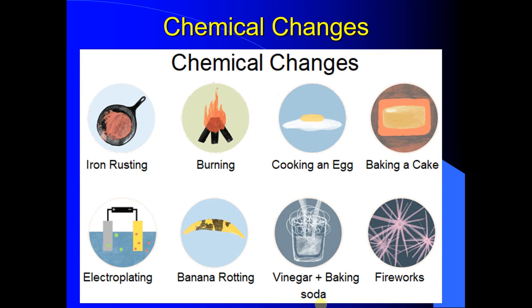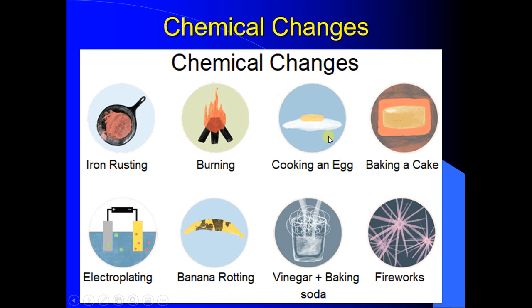So here are yet some other chemical changes, like the rusting of iron. Iron reacting with oxygen to make iron oxide, that's what rust is. Right? The iron is now a new substance after that chemical change. It's rust, it's iron oxide. Burning.